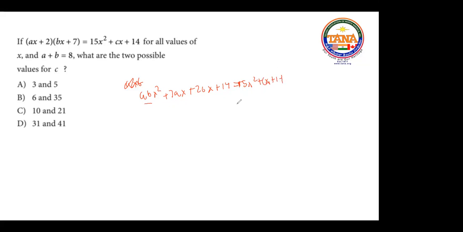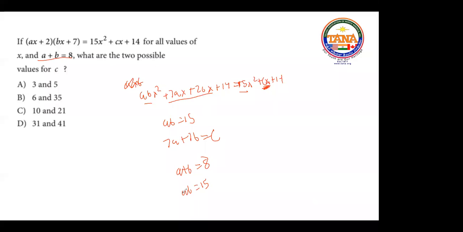We can tell ab is 15 because, as the problem says, they're equal. So a times b is 15 and 7a plus 2b equals c because c is the middle term here and 7ax plus 2bx is the same. Since the c's are similar, we can just take out the c's. We know that a plus b equals 8 because this says it. And ab is 15.